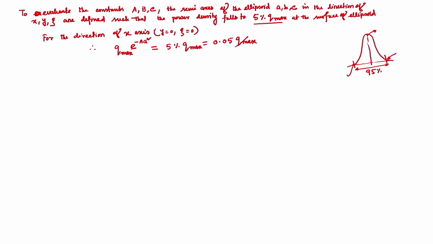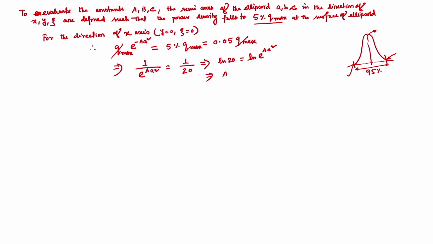So, Q max on both sides will cancel out. From here you get 1 by e to the power A a square equal to 1 by 20. Taking ln on both sides, ln 20 is equal to A into a square.